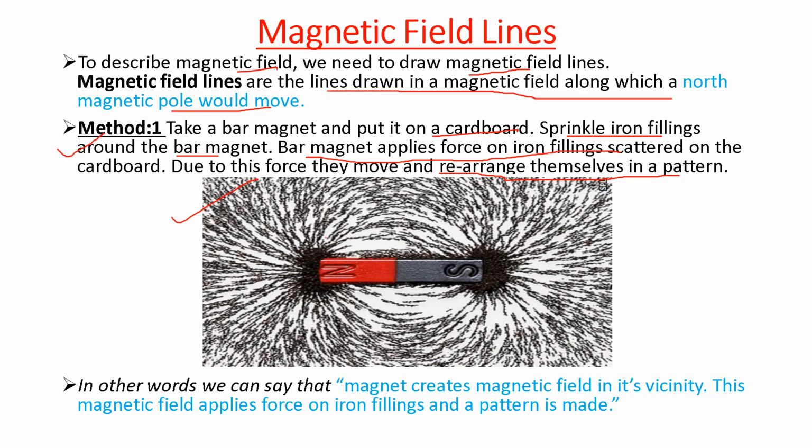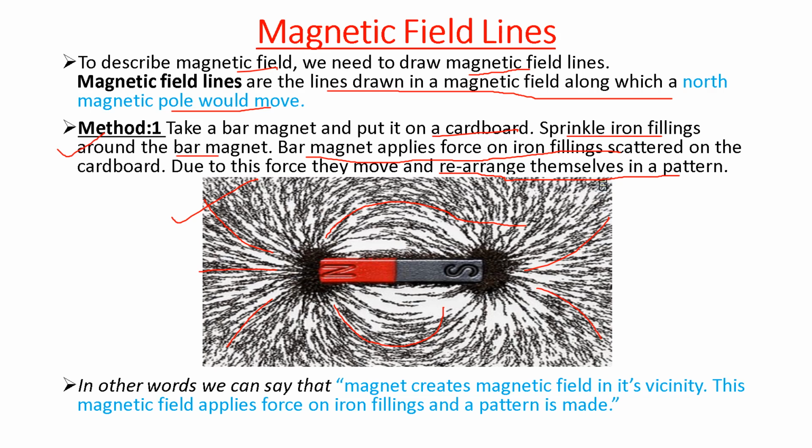We can see a shape similar to a semicircle on this side, and here they go far from the magnet. So these are the patterns in which the iron filings are arranged. This gives an idea about the magnetic field around a bar magnet, which is otherwise invisible. We can't see it with our eyes.